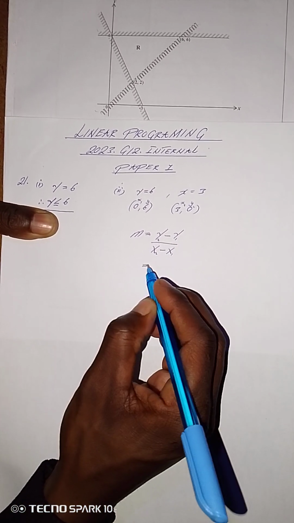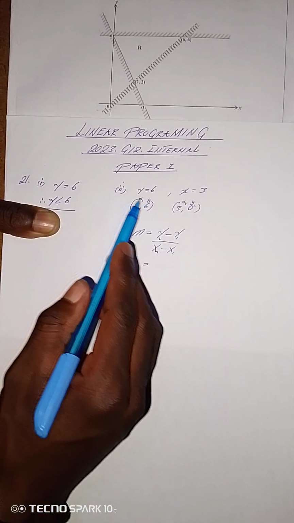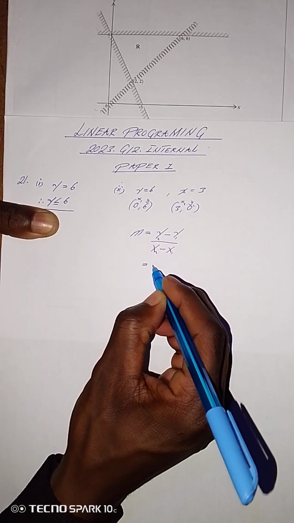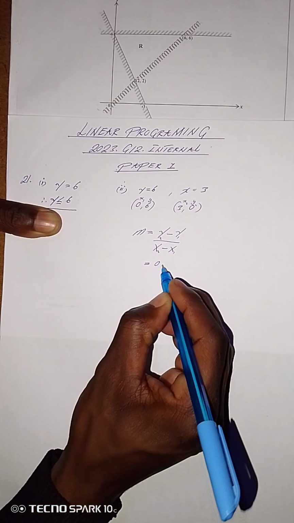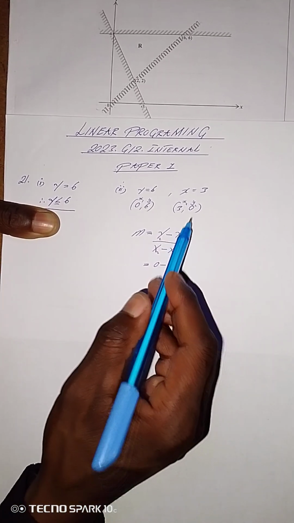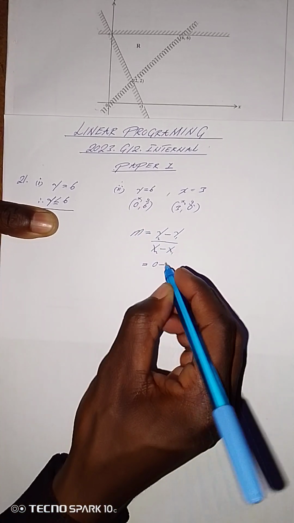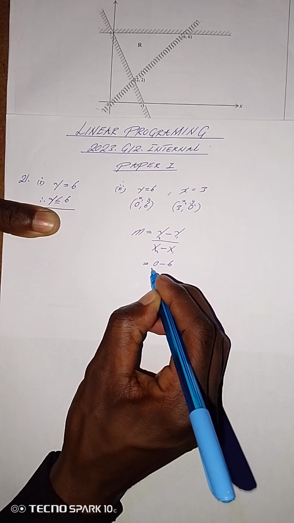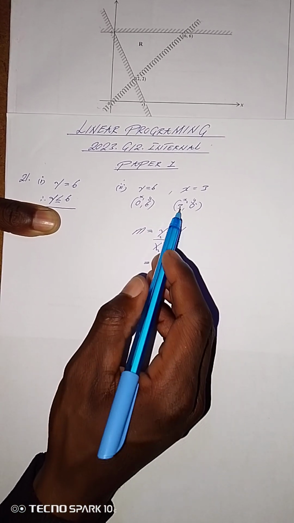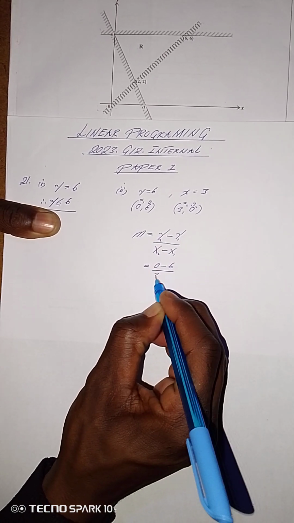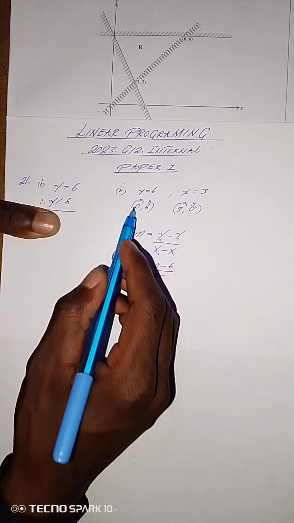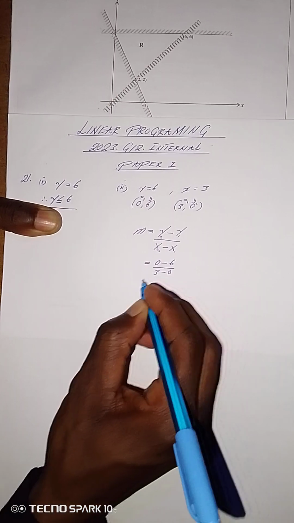Okay, so now let's substitute. What is y2 here? y2 is 0. We have that sign which is negative there. And then y1 is 6. x2 is 3 minus x1, 0.